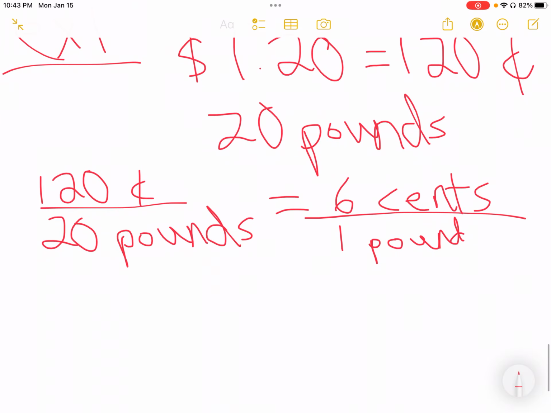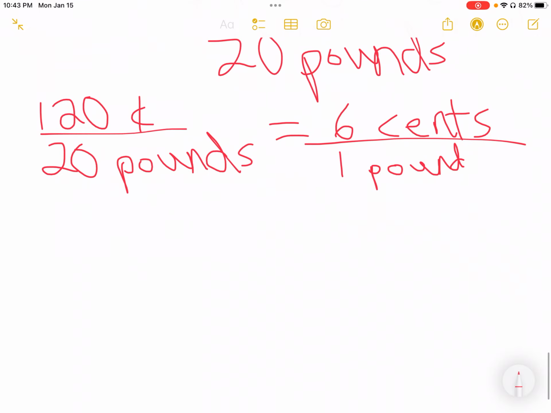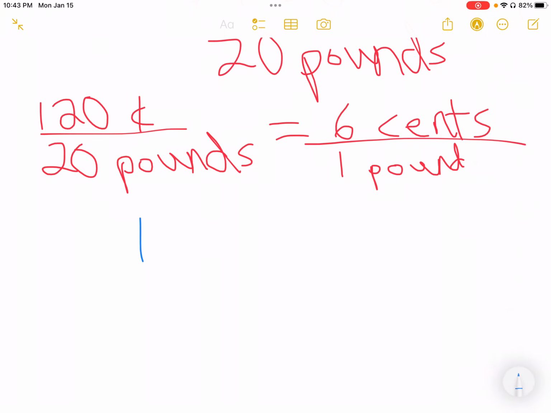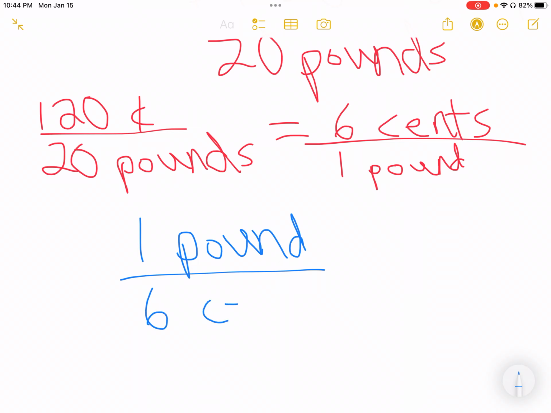We could say it like that, or if I wanted to reverse it, this is a little different, but I could say 1 pound, 6 cents, or the other way to say it is I could say 1/6.